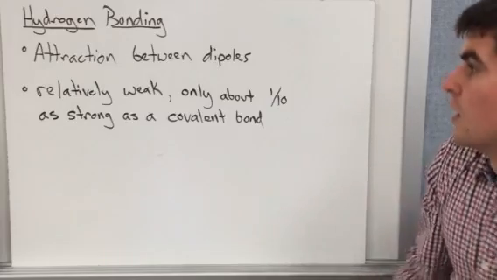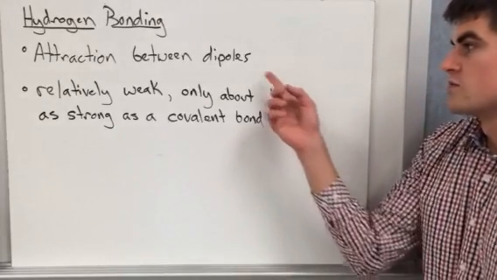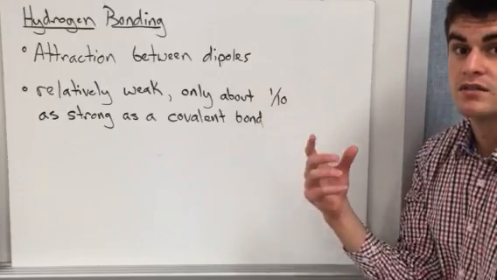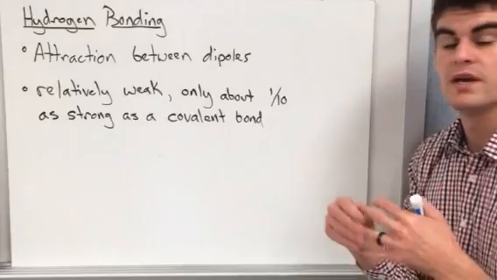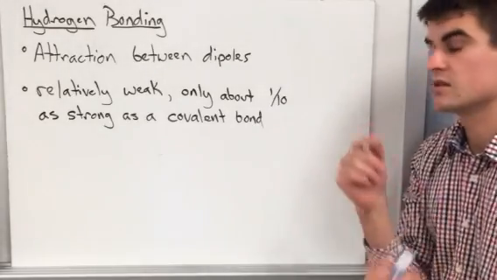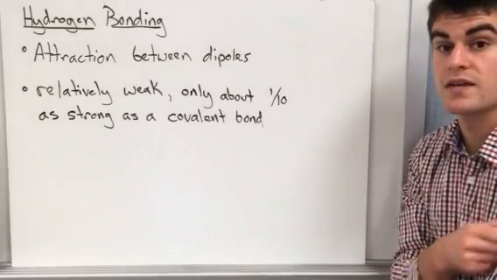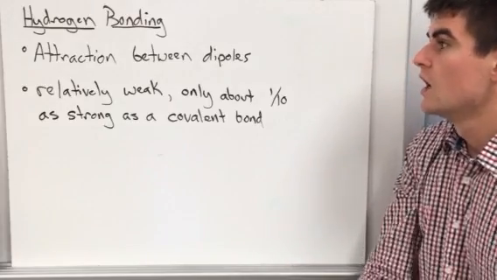Grab a marker here. Remember, dipoles are caused by our electronegativity chart. We look and see, is there a big enough difference between this atom to cause that polar covalent bond?